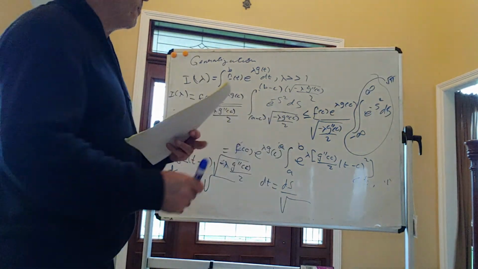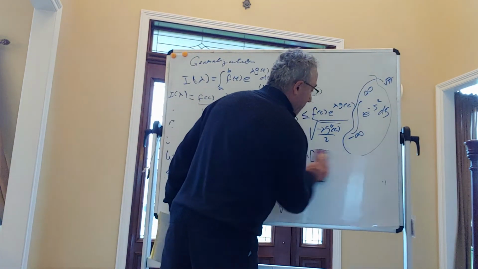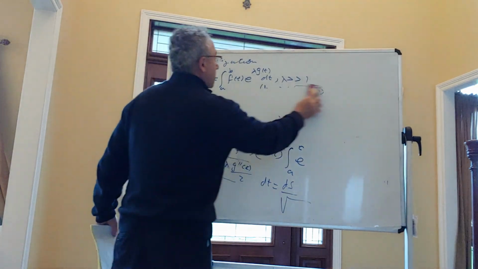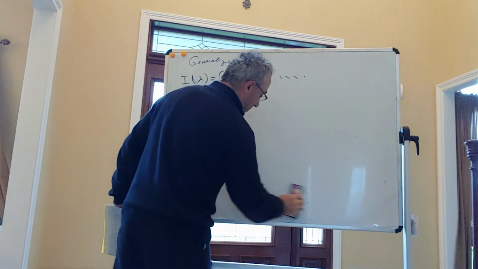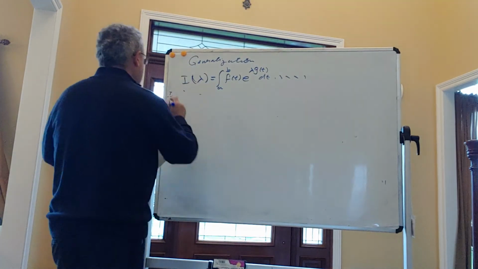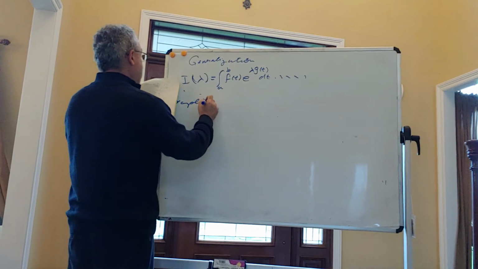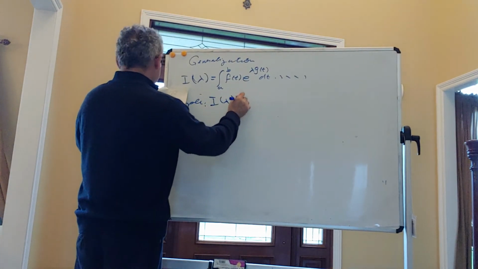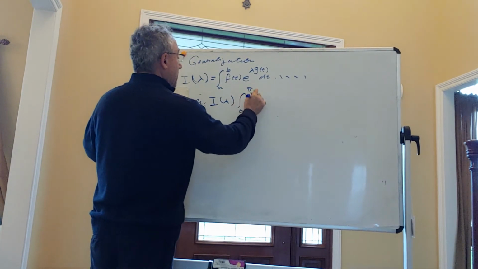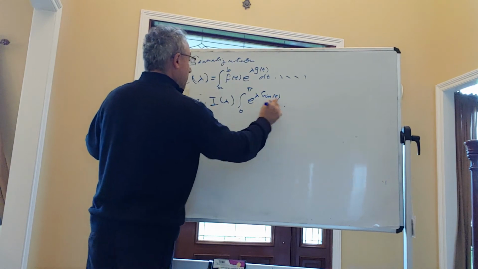Let me do a quick example, then I can call it good for today. I don't want to give you too much. So let's do an example. Let's say we have I lambda equals the integral from 0 to pi of e to the lambda sine t dt.